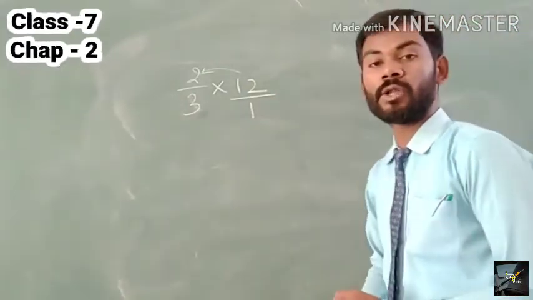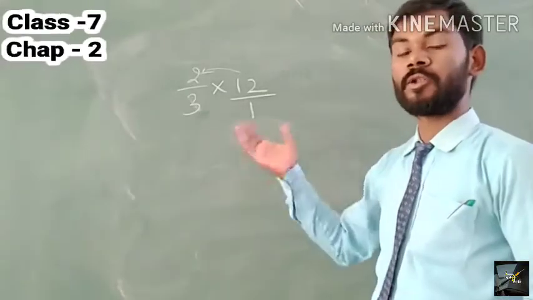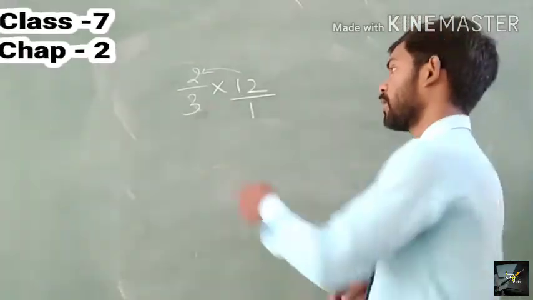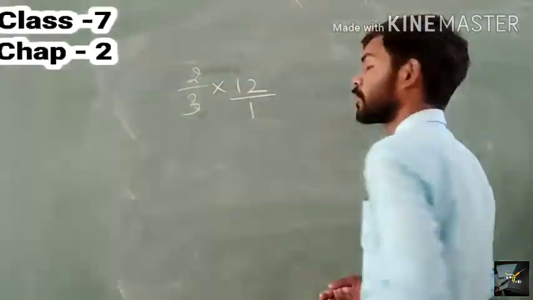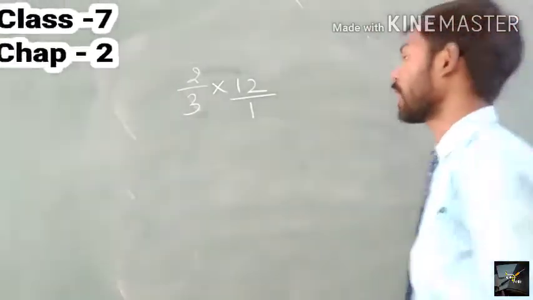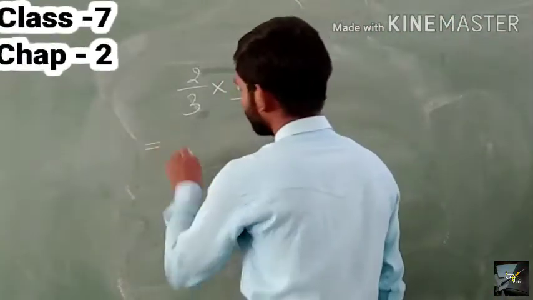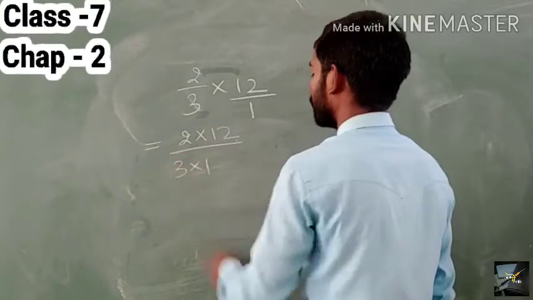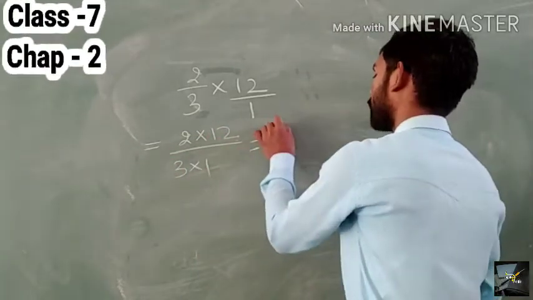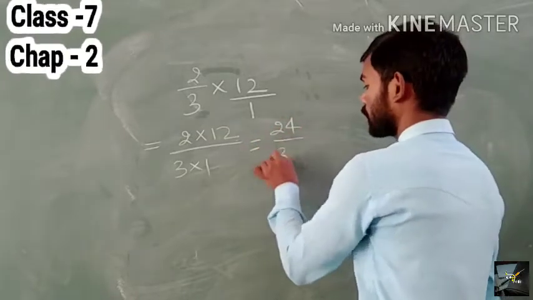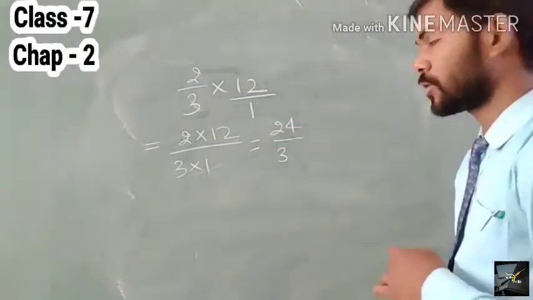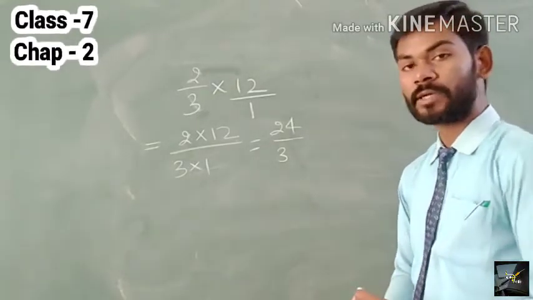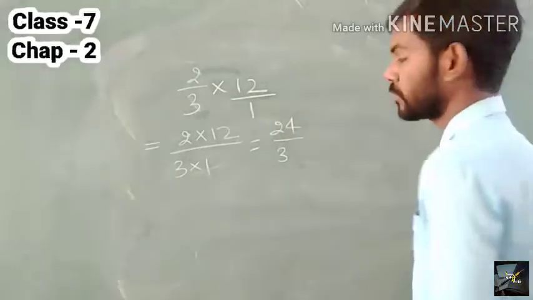Whenever we divide any whole number by 1, then the value of that whole number will always remain unchanged. Therefore, now both numbers become fractions and we know how to multiply them. So we get 2 multiplied by 12 upon 3 multiplied by 1, and here we get 24 upon 3. Whenever the fraction has a common factor, we have to remove it.